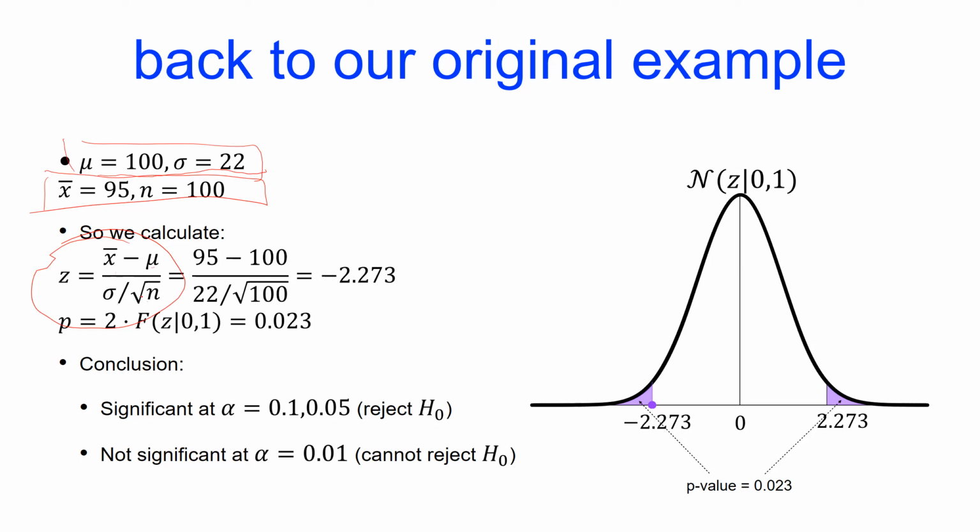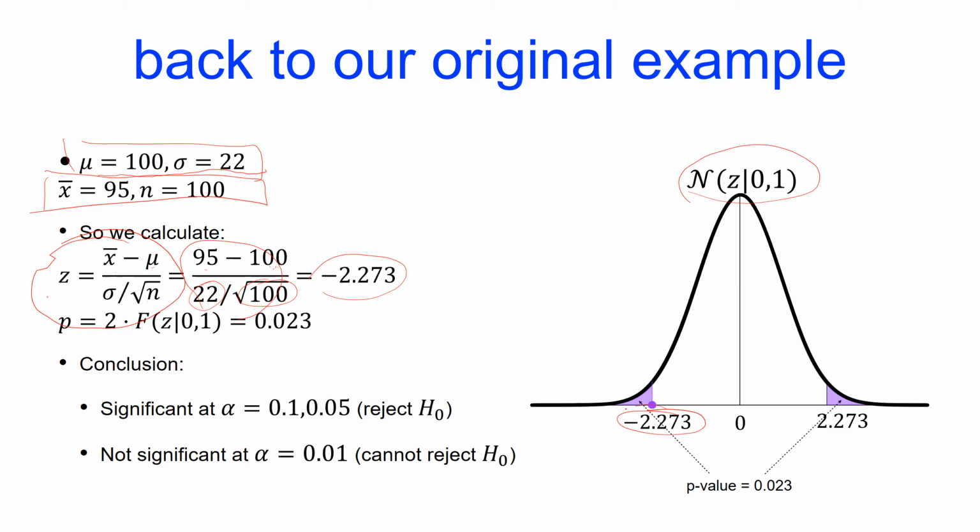All right. So now we compute the z-score, which is 95 minus 100, then divided by 22 over the square root of your sample size. I think we all get this, and then you will get your z-score. This z-score is this point here, because note, this is a standard normal distribution.